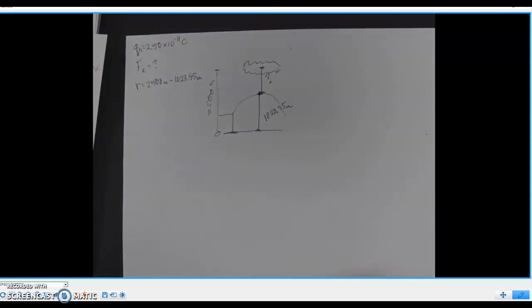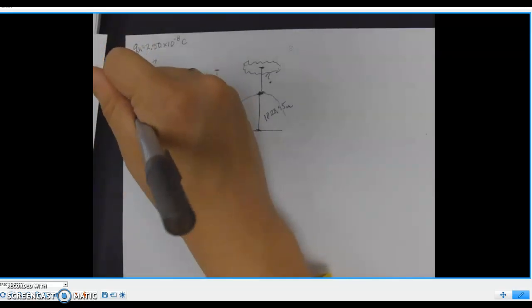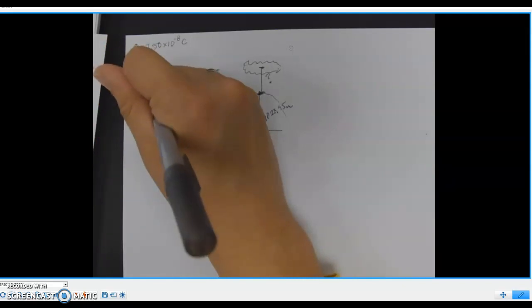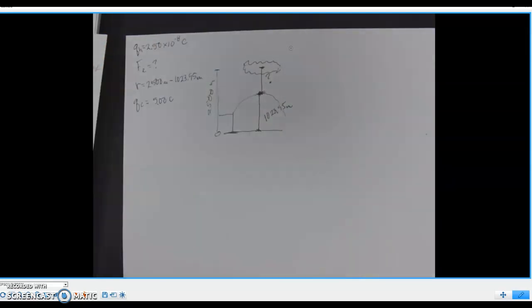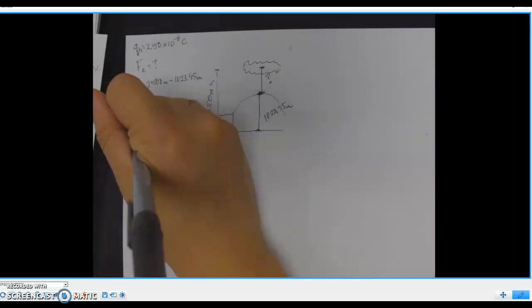Okay, what else do we know? It says the cloud has a charge, so charge of the cloud would be 5 coulombs. And then we have a constant here as well. Let's see, I wrote that down. Yeah.